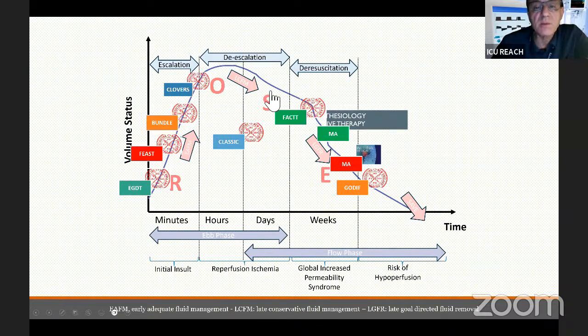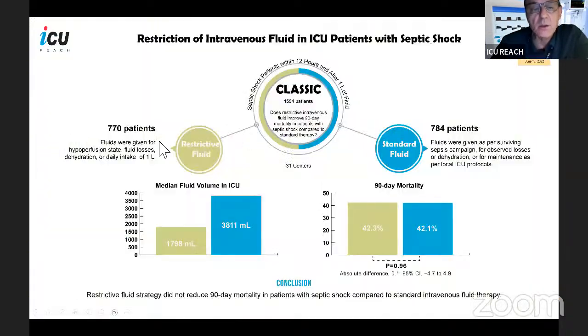Now, moving to optimization and stabilization, we have the classic study that also looked at around 1,500 patients altogether and was randomized into restrictive fluid strategy where fluid was given for hypoperfusion state, well defined in the protocol, and compared to standard fluid, as per Surviving Sepsis campaign.